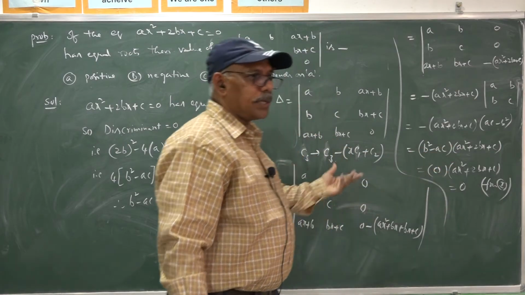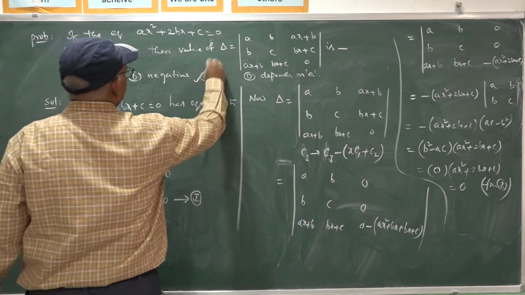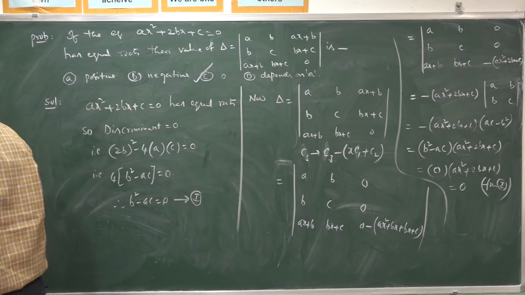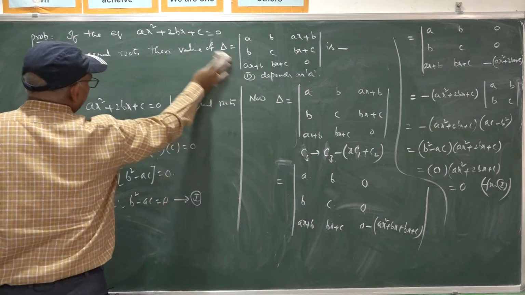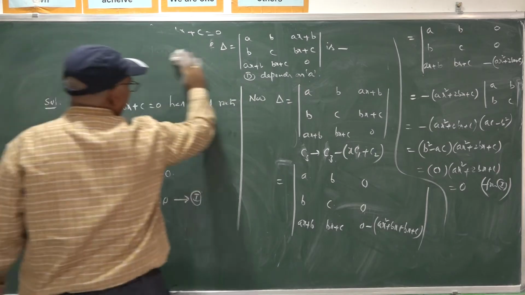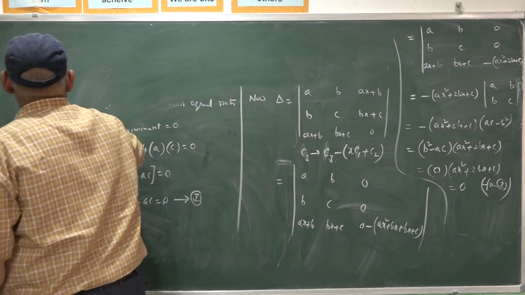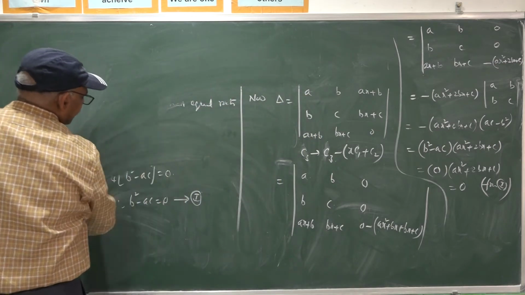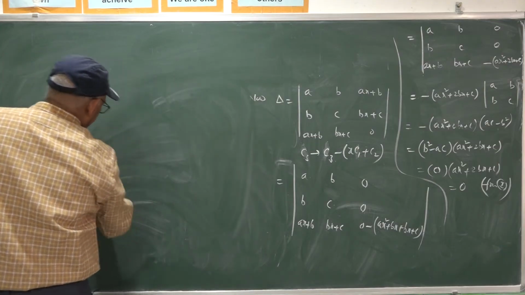So the total determinant value becomes 0. So the required value is 0. You may ask such questions in competitive examinations.